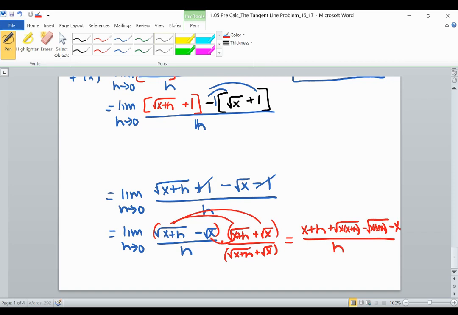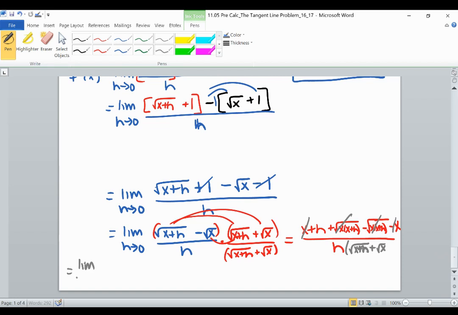Now I've got these two cancel here. x minus x cancels over here. And oh, I forgot to multiply my denominator. And I'm going to keep that in that factored form. And now my h's will actually cancel out as well.